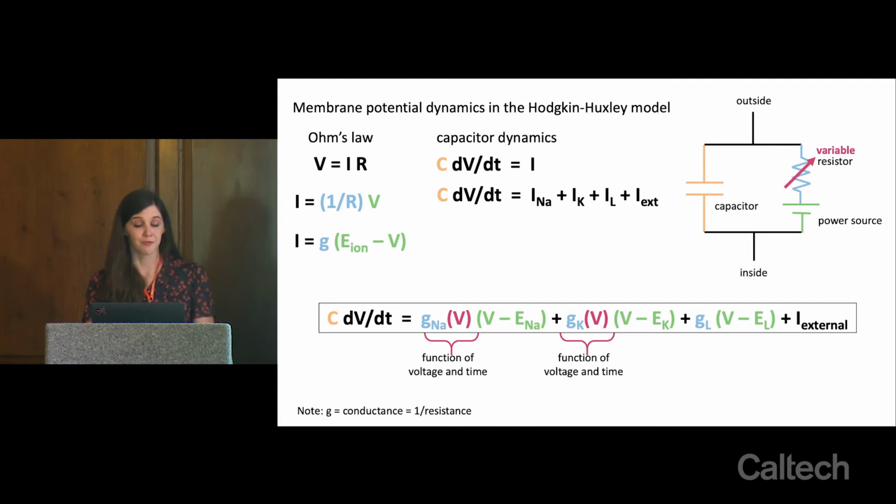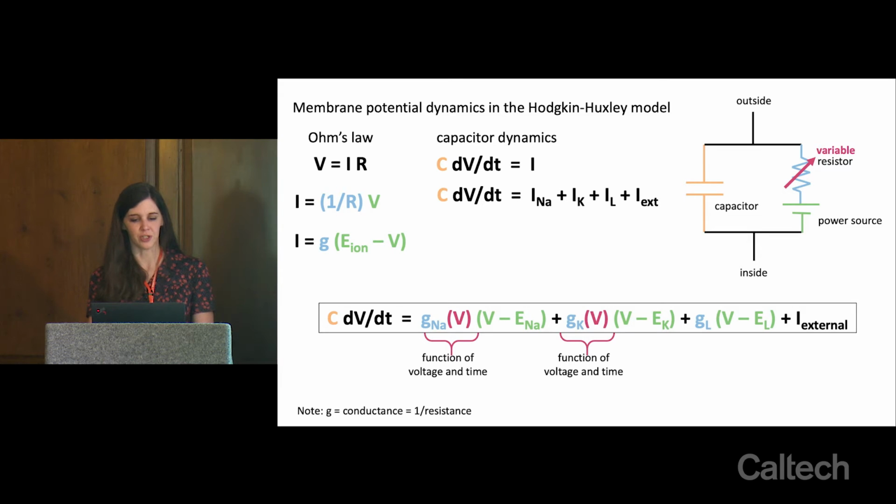So, very quickly going through membrane potential dynamics in the Hodgkin-Huxley model. All that we're doing now is adding in additional ion channels for these different ions in our system: sodium, potassium, and leak.